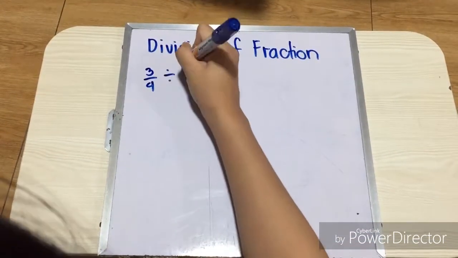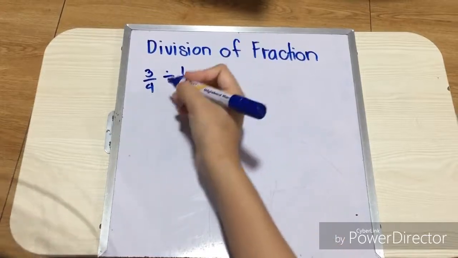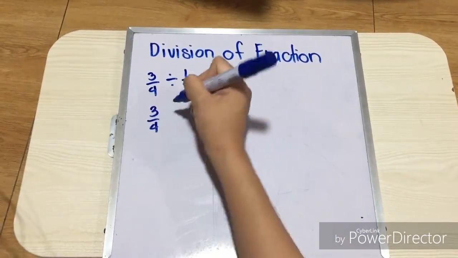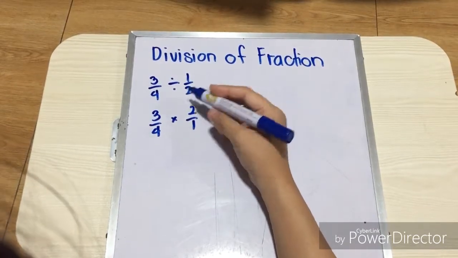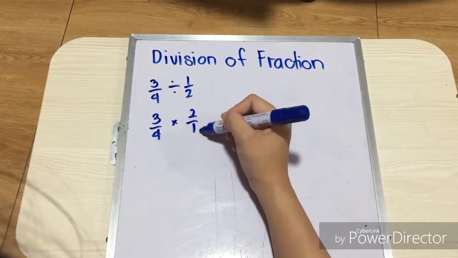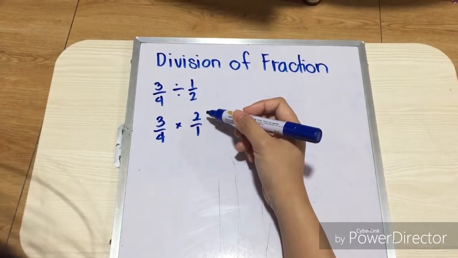The first problem is 3/4 divided by 1/2. We shall get the reciprocal of the second term, which is 3/4 times 2 over 1. This process is called getting the reciprocal.